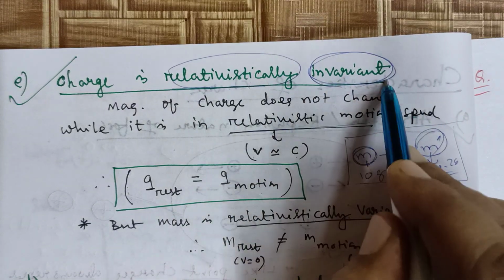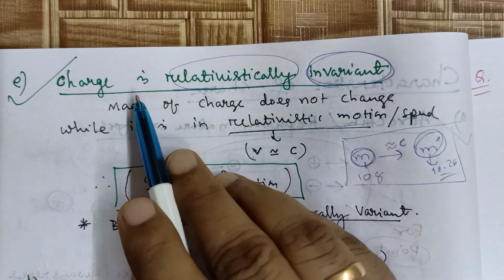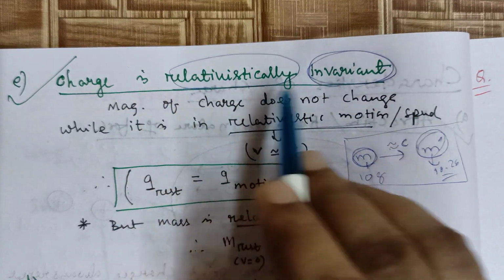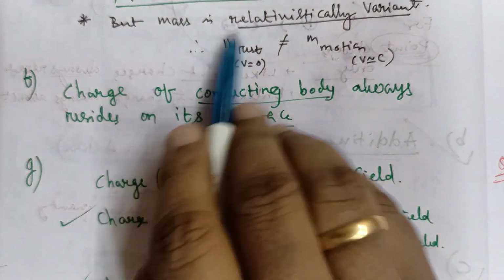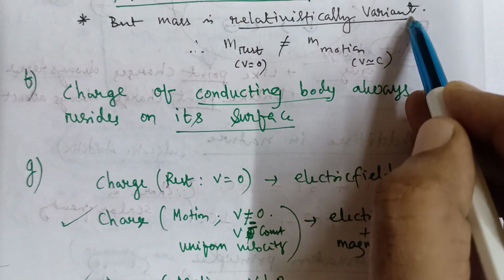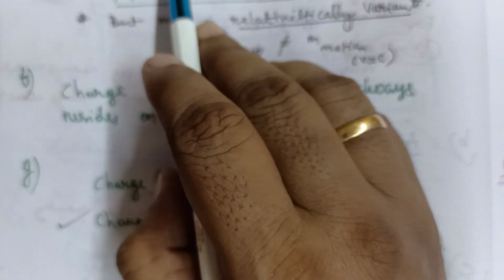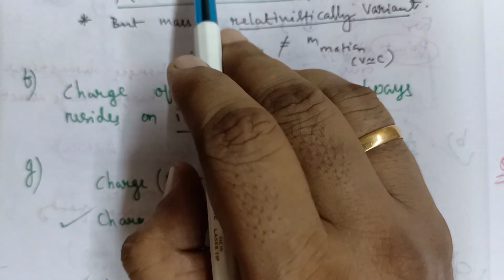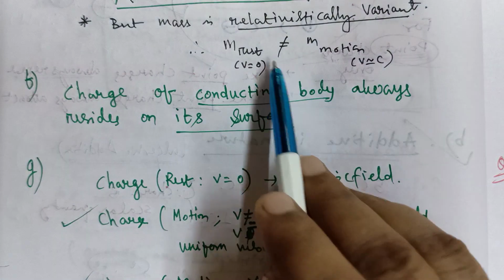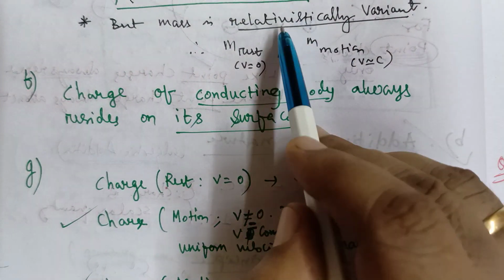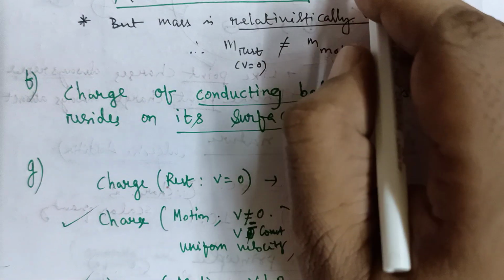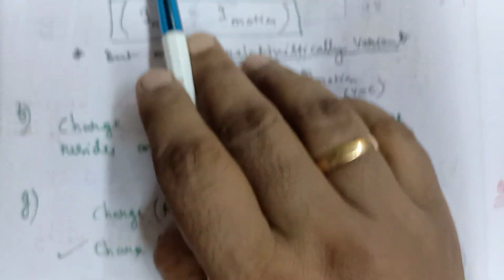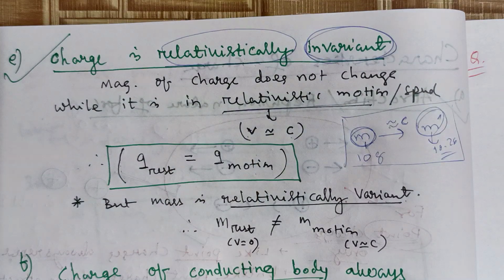Does not change means invariant. Simply remember, charge is relativistically invariant. But in the case of mass, it is different. Mass is relativistically variant. This is the difference between charge and mass. While a body moves with high speed, its charge does not change, but its mass changes. That's why mass is relativistically variant, charge is relativistically invariant. This is an important property of charge.